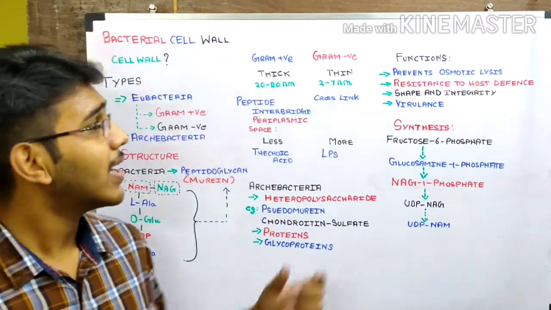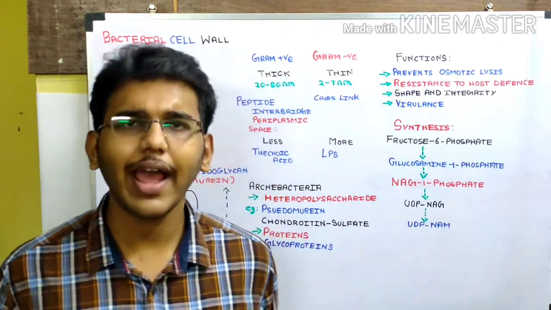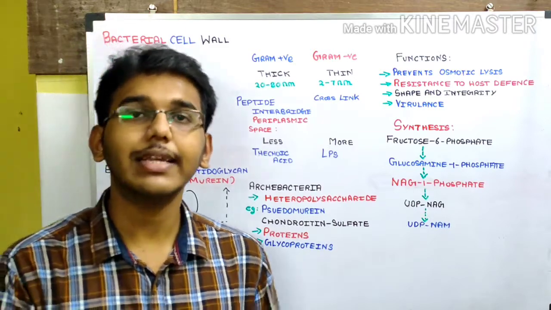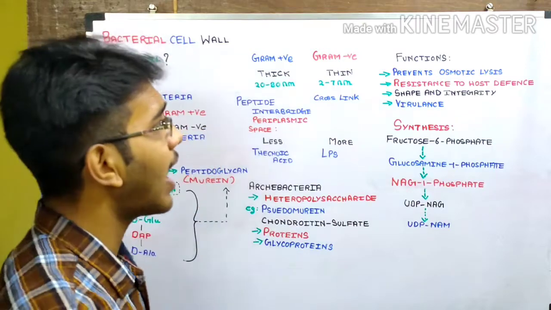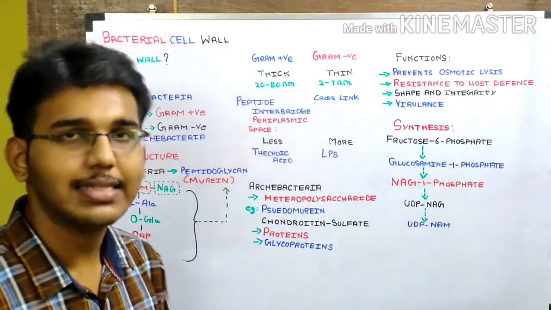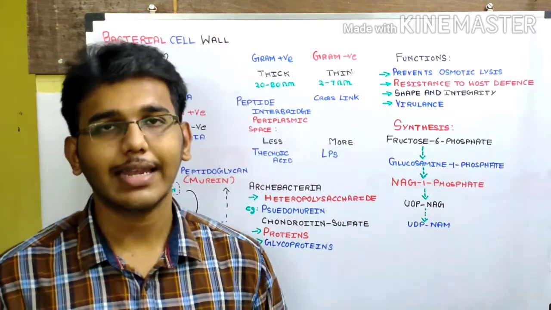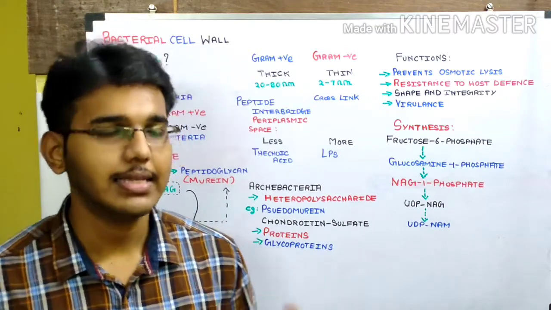Next, it provides resistance against the host defense system, and sometimes it even hides the bacteria from the host defense systems. It is responsible for the shape and integrity of the bacterial cells, and also for the virulence of the bacterial cell, that is, it provides the pathogenic nature to some bacterial cells.